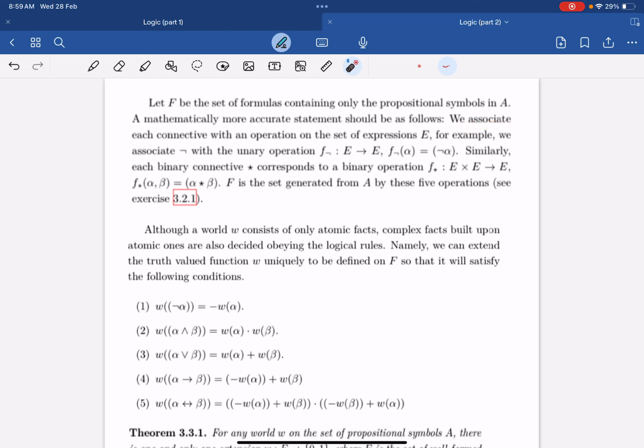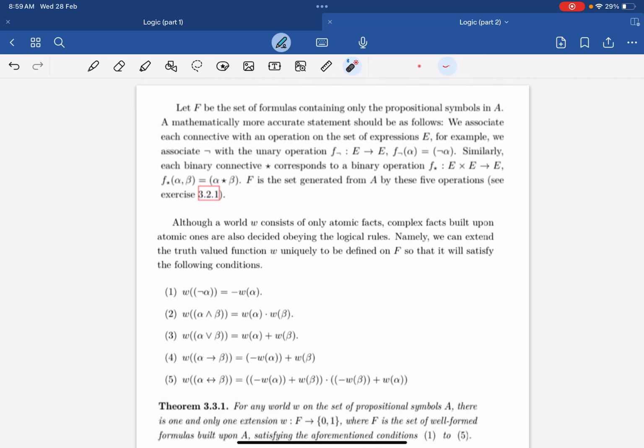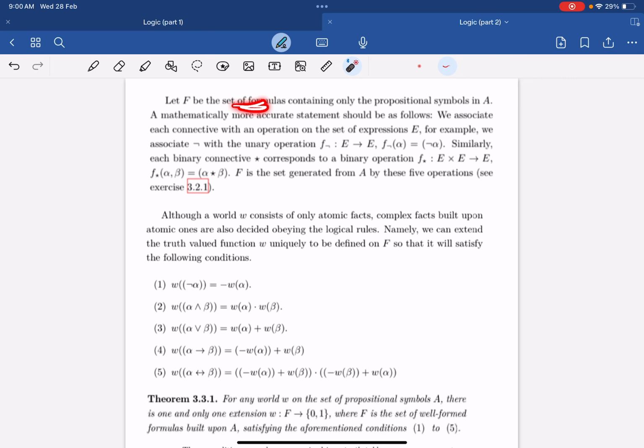Then we can associate each connective with an operation on the set E to the set E. So for negation it is this, and if it's a binary operation, it's this. So the set of formulas can be generated from the propositional symbols using these 5 operations.